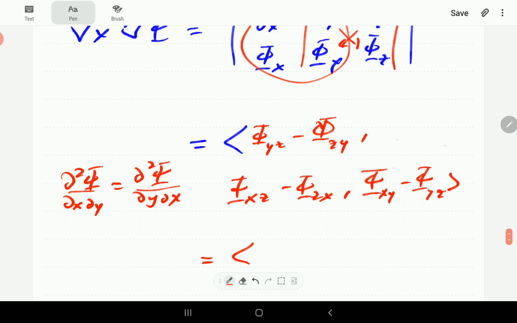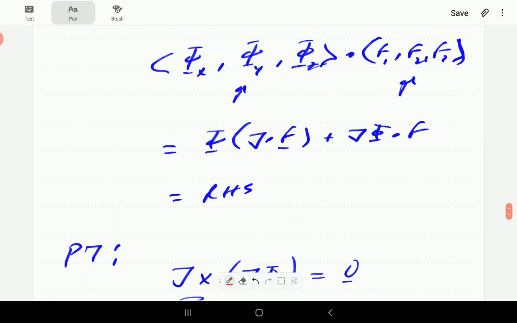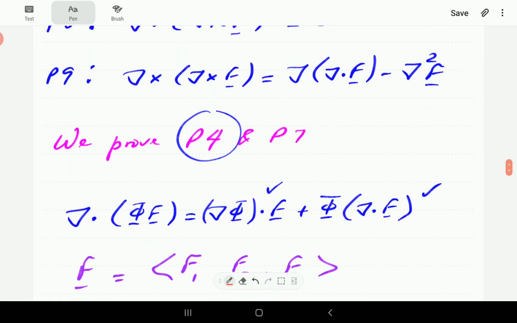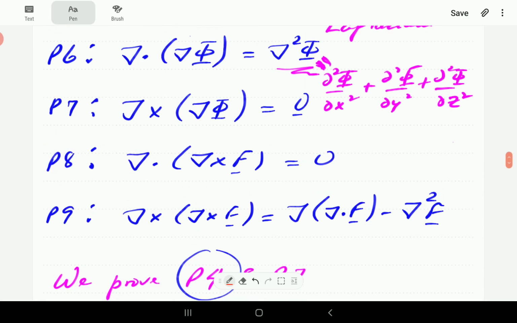So that means this term is going to be 0, this term is going to be 0, and that term is going to be 0. And so we have got the 0 vector, which brings to the end our proof for property number 7.